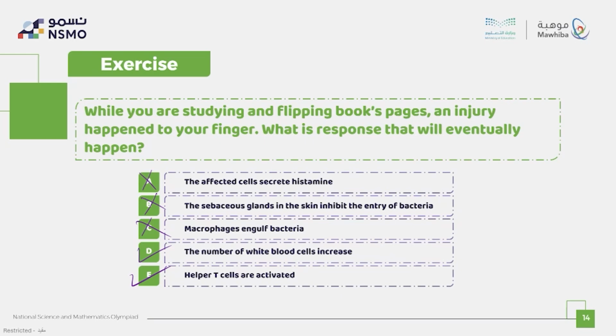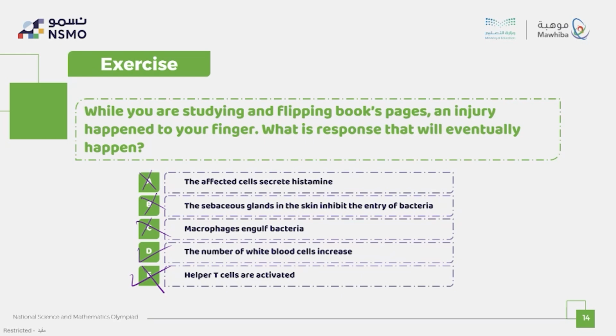Yes, it's wrong. You are correct. Why E is incorrect is because again, helper T cell activation happens mainly in specific immunity, not typically the immediate response to a small finger cut. So now you know why it's incorrect. So the right answer is D, the number of white blood cells increases.